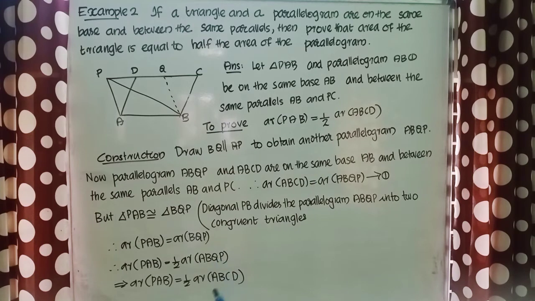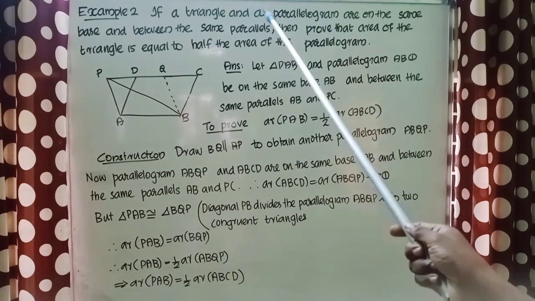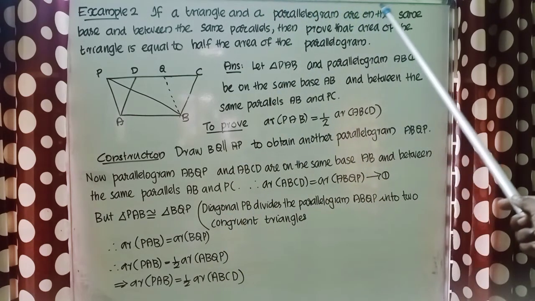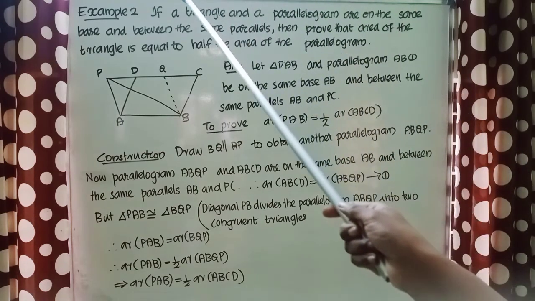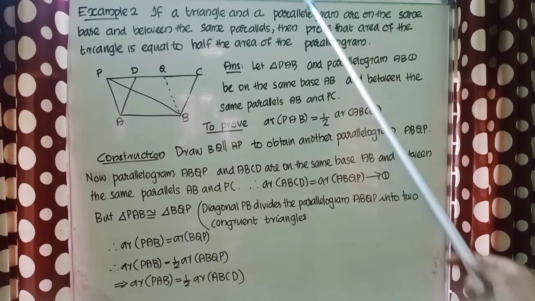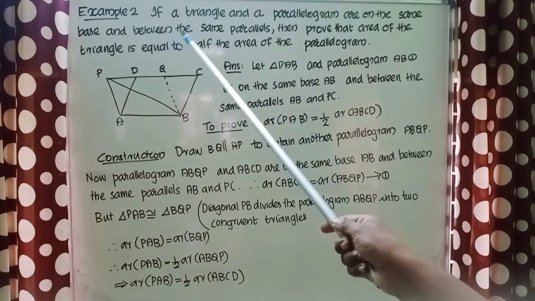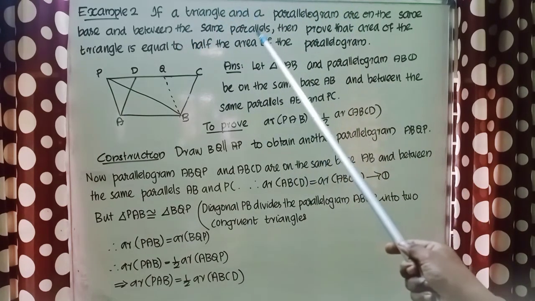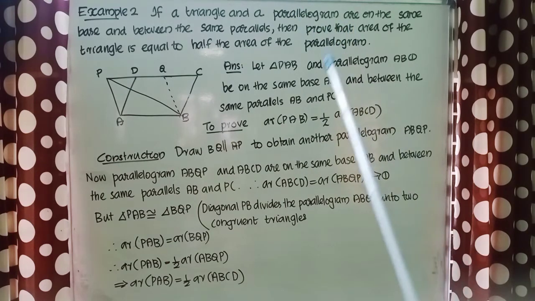So we can replace it. Therefore we get area of triangle PAB equals half into area of parallelogram ABCD. So the result: if a triangle and a parallelogram are on the same base and between the same parallels, then area of the triangle is equal to half the area of the parallelogram.